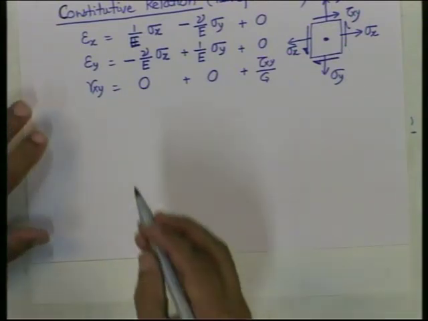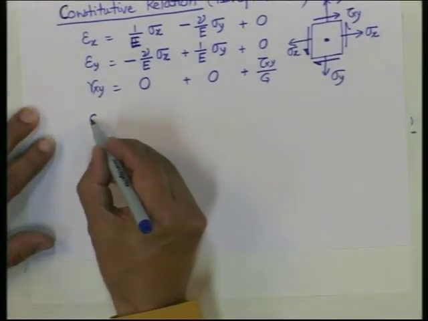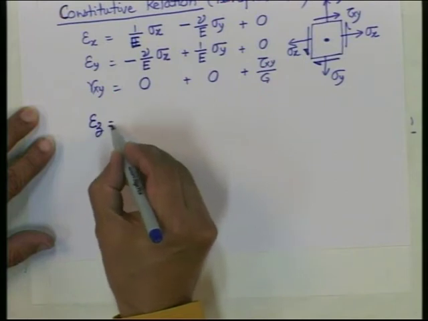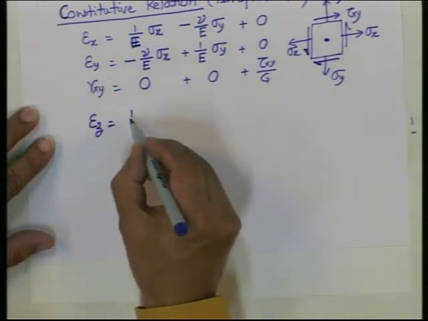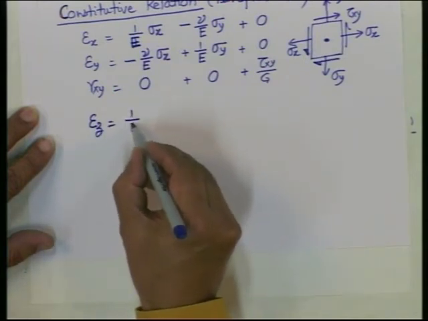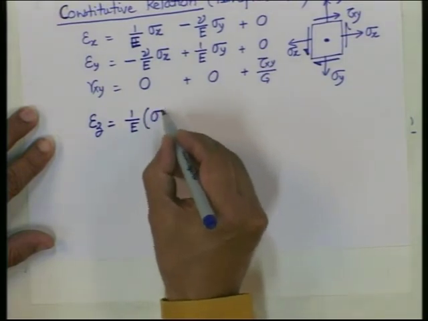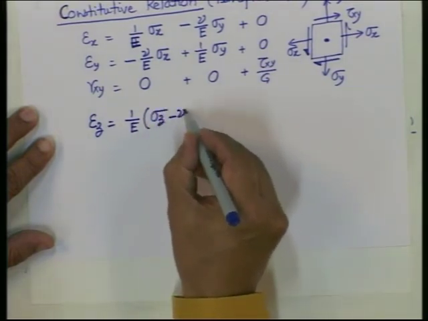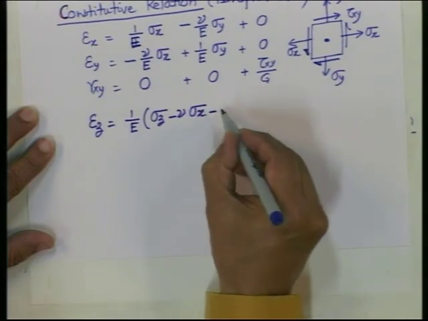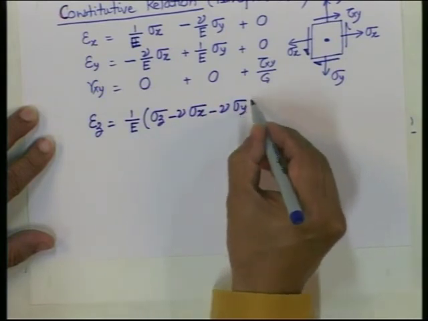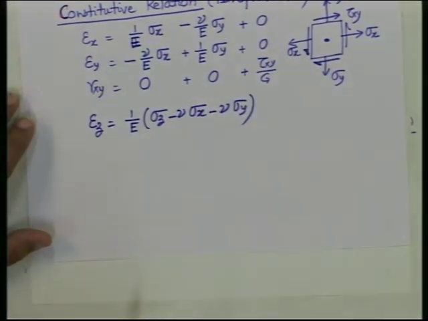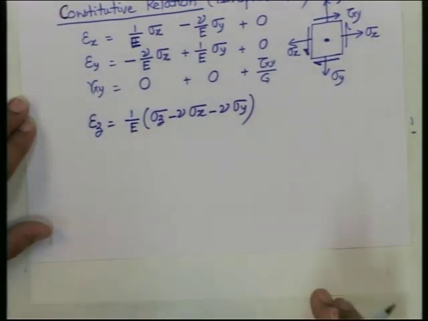What is the relationship for epsilon z? Epsilon z is given by 1 by E times sigma z minus nu sigma x minus nu sigma y. This is the relationship for epsilon z. Have I written it correctly? Sigma z is 0, but it is a general relation.